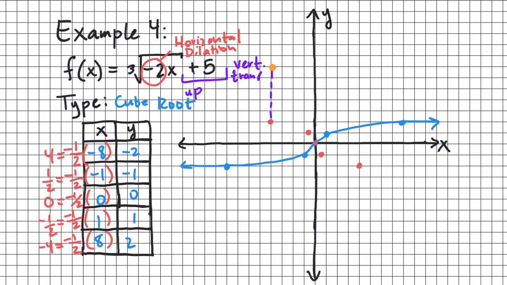Okay. Move this one up. 1, 2, 3, 4, 5. And then 1, 2, 3, 4, 5.